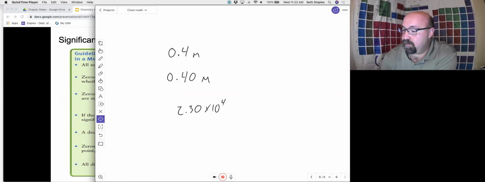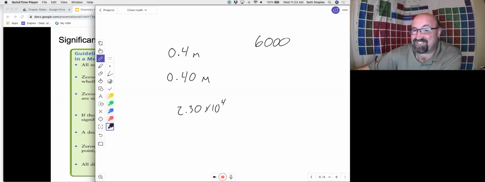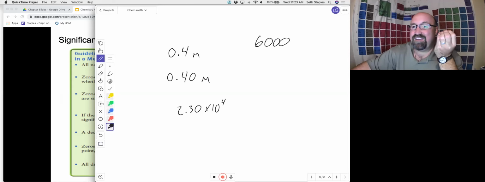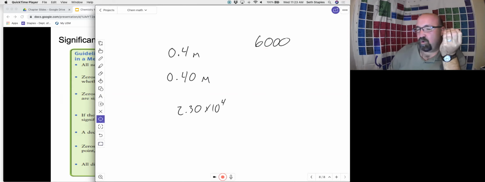Maybe that number of 6,000 we were looking at before, just written like this, tells us there's only one significant digit there. Maybe the measurement actually was a little bit more accurate than that, though. Maybe this second 0 really is significant. There's no way to tell that with the number written like this.